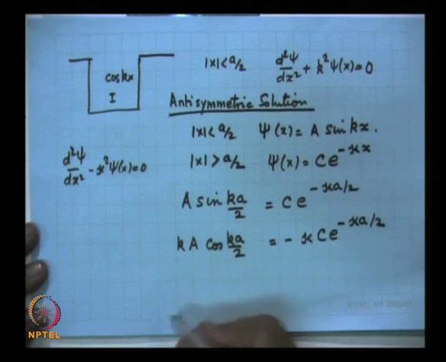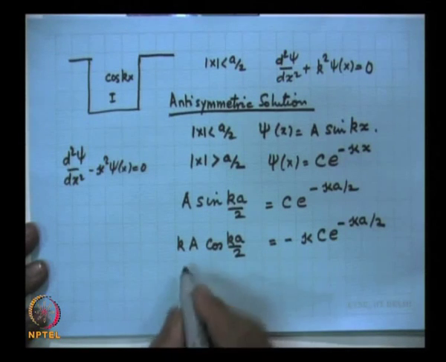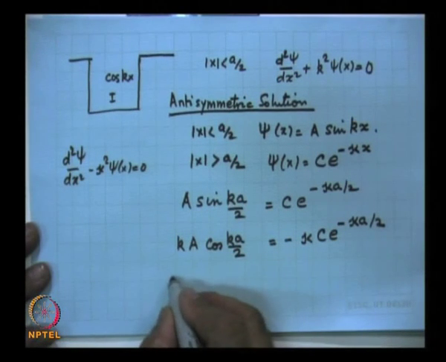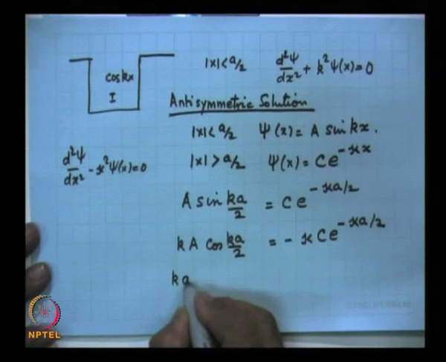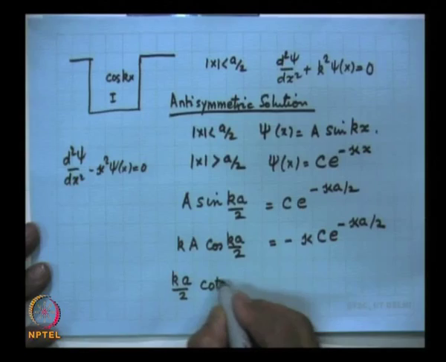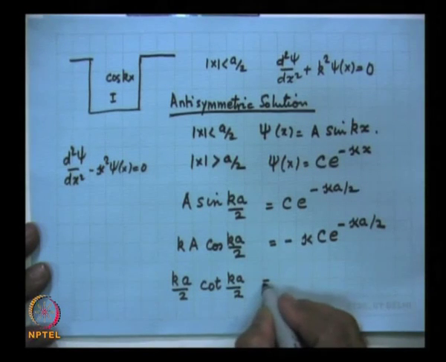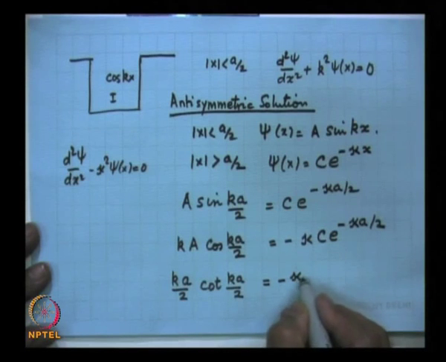So, I again divide this equation by this equation, the a's cancel out. So, for non-trivial solution, I multiply by a by 2, you will have k a by 2 cot k a by 2 is now equal to minus kappa times a by 2.